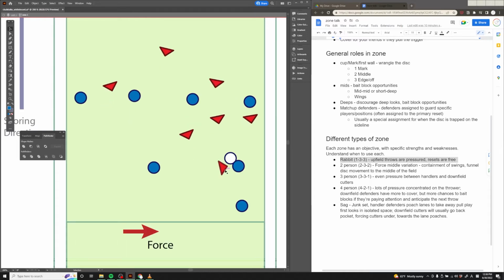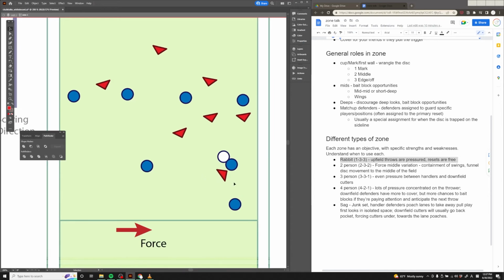In order to help the rabbit cover more area, if we're not going to make an actual trap call and the rabbit continues to mark, they will, now that we're on the trap sideline, they can come behind the thrower and pressure this backfield throw so that they can't get it back around to this space. We want them to stay on the sideline.